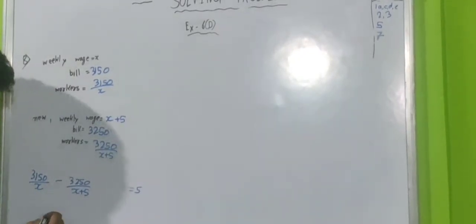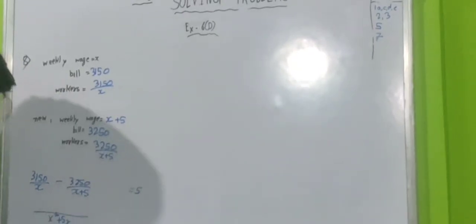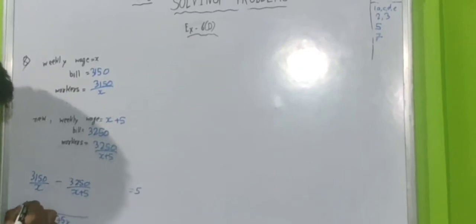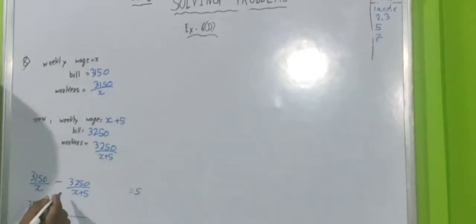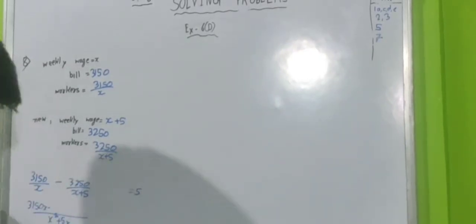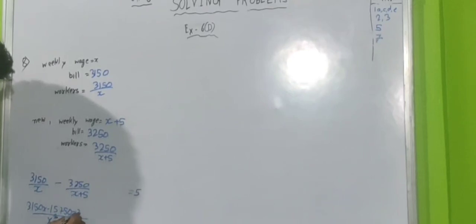Now take the LCM, you will get x square plus 5x, and on the top you will have 3150x minus 15750 minus 3150x is equal to 5.